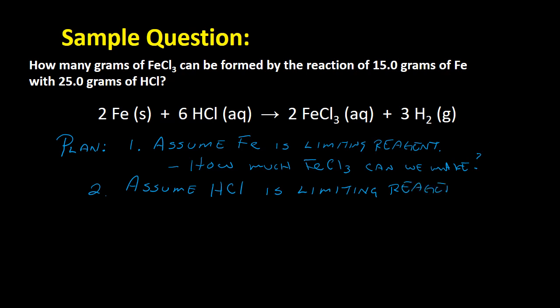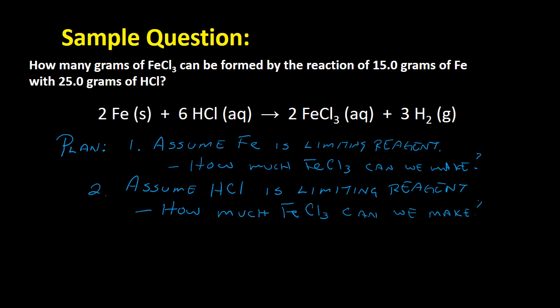We'll assume that the hydrochloric acid is the limiting reagent, and then we'll ask the question, how much iron chloride can we make? We'll solve that problem.